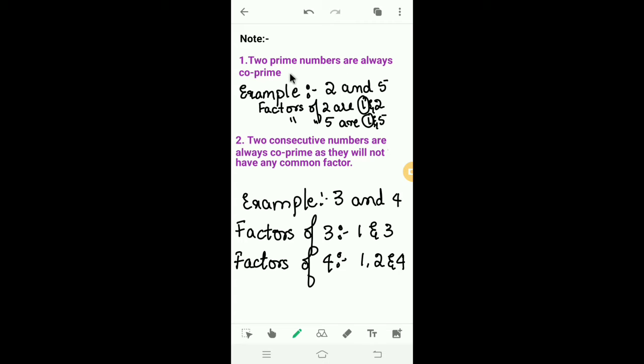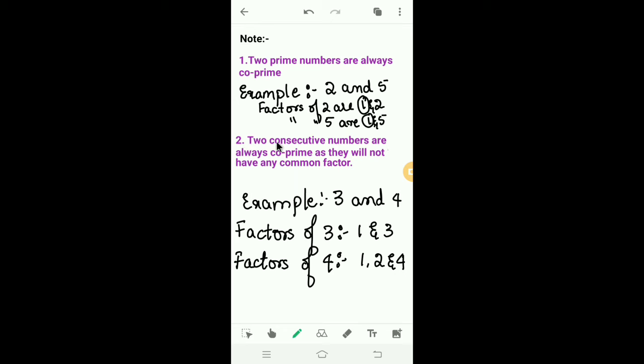For example, 2 and 5. 2 is a prime number and 5 is also a prime number. Factors of 2 are 1 and 2. Factors of 5 are 1 and 5. So here 1 is a common factor. So we can say 2 and 5 are co-prime numbers.